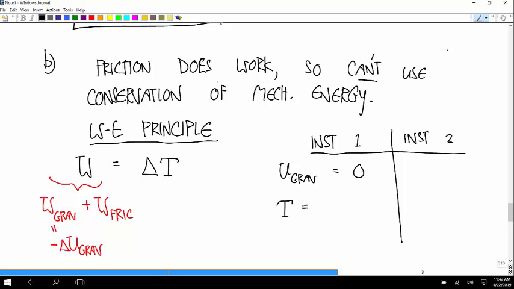The kinetic energy at instant 1 along the flat is 1/2 times 50 times the speed squared. At instant 2, the gravitational potential energy is 2452.5. And the kinetic energy is 0.